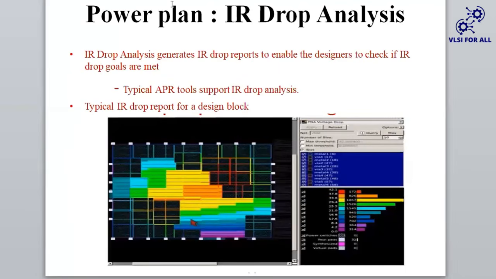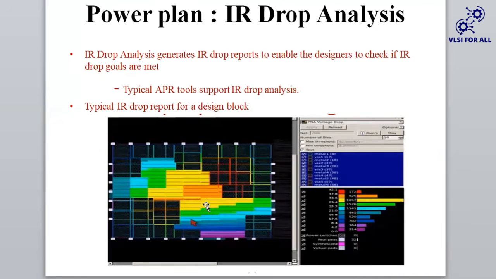In our design, this is how we do the analysis of the power plan, the IR drop analysis. IR drop analysis generates IR drop reports to enable the designer to check if IR drop goals are met. A typical APR tool supports IR drop analysis. This is how a typical IR drop report for the design looks.